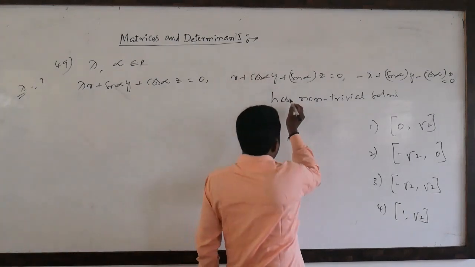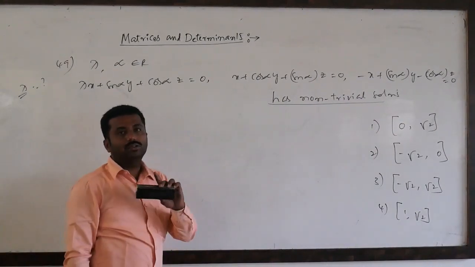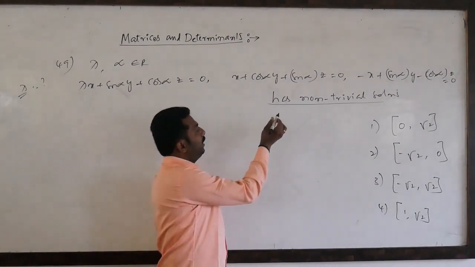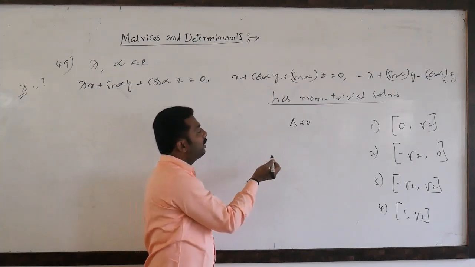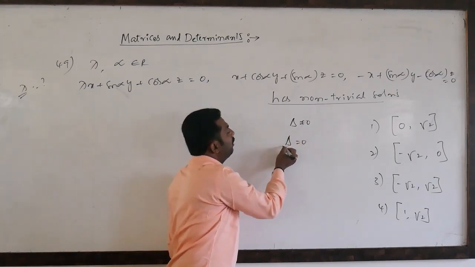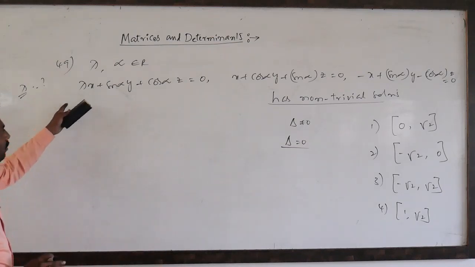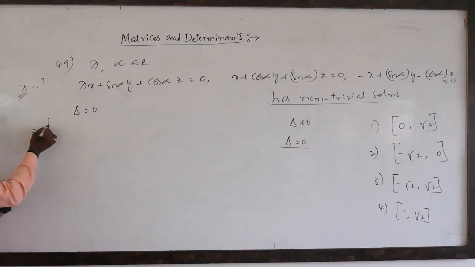The three linear equations given have a non-trivial solution. Trivial solution means delta is not equal to 0, and non-trivial solution means delta must be equal to 0. So what is the delta here?